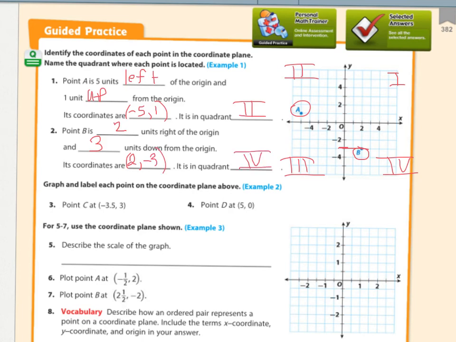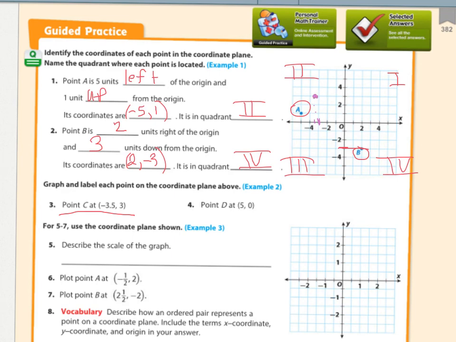Okay. Number 3, graph and label each point on the coordinate plane above. So let's do point C. It's at -3.5, so 3 is here. So a half would be halfway between 3 and 4. -3.5 and then 3. 1, 2, 3.